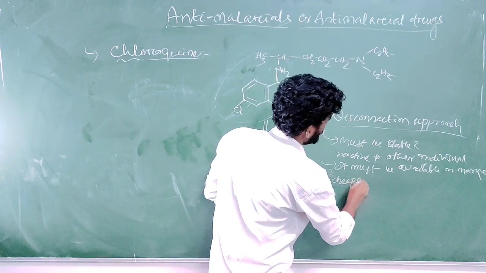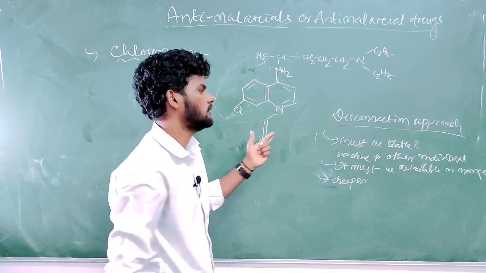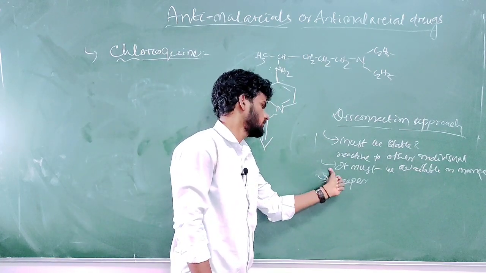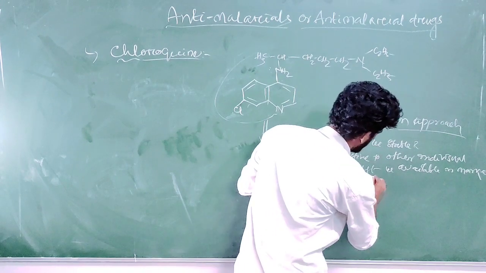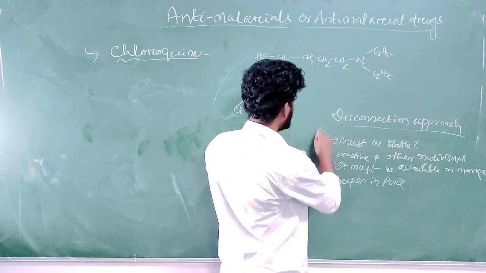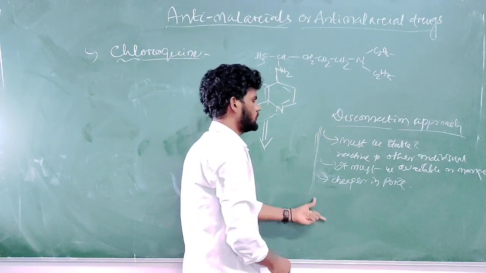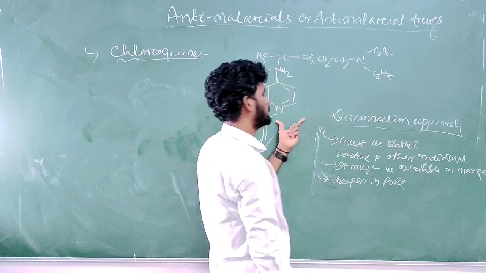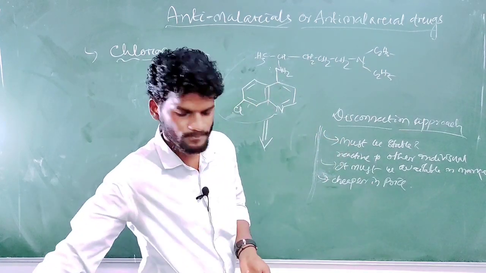You have to produce a large amount of chloroquine drug, so its subparts must be cheap. These are 3 basic conditions; there are other rules, but these are the basic conditions to break any large molecule into small molecules.